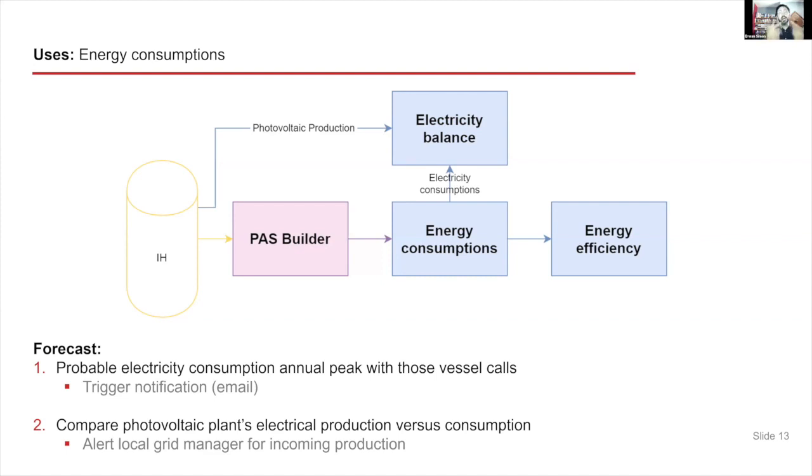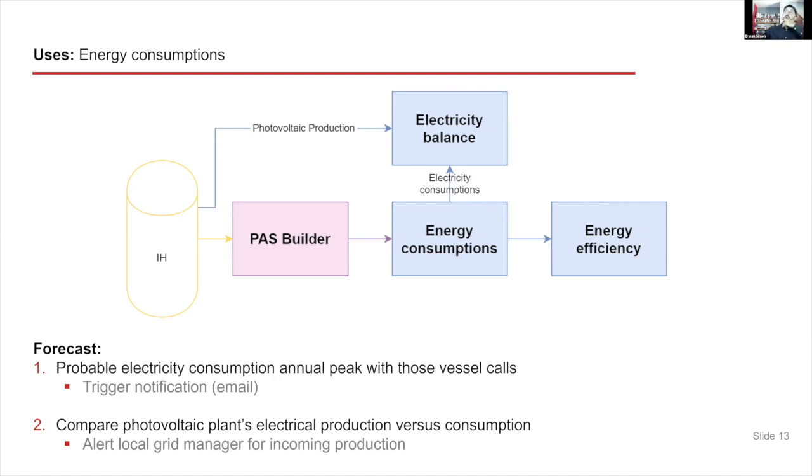And now you can alert the electrical grid manager: we need this amount, or we put back into the grid this amount tomorrow. Again, this is something that is pretty interesting for a small port that starts from nothing. So even if there is uncertainty, you are able to start to get value from the data.